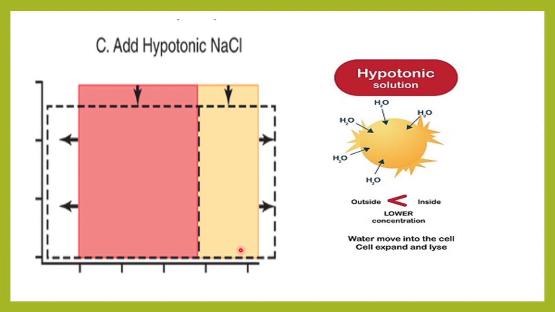So what happens when the concentration of sodium is less outside and it is more inside? Water will move from outside to inside. So when the water moves from outside to inside, the intracellular fluid will expand, the cell will expand. So this is what happens when you add a hypotonic sodium chloride.